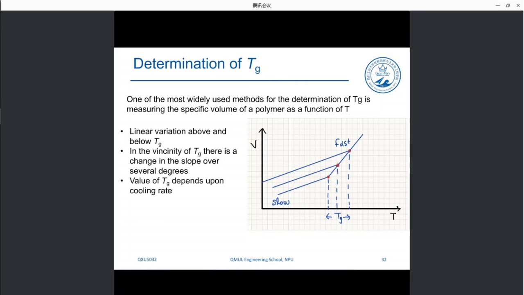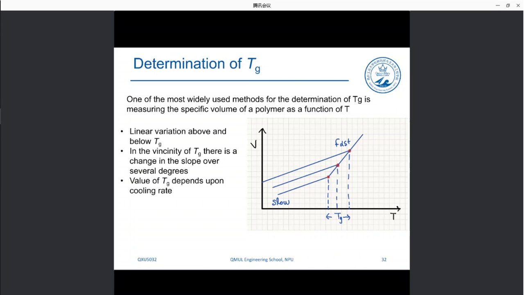One of the most widely used methods to determine the glass transition is to observe the free volume as a function of the temperature of the experiment. That is, how fast do we cool, and how slow do we cool our polymer.